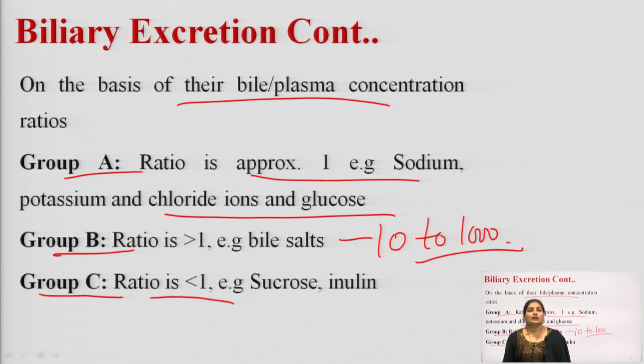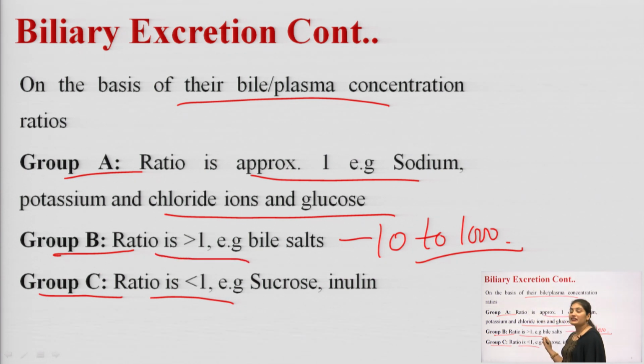Okay. So, what is group A? In group A, the drugs are placed which have a bile to plasma drug concentration ratio of approximately 1. For example, sodium, potassium and chloride ions and glucose. In the B category, the ratio of bile to plasma drug concentration is between 10 to 1000.